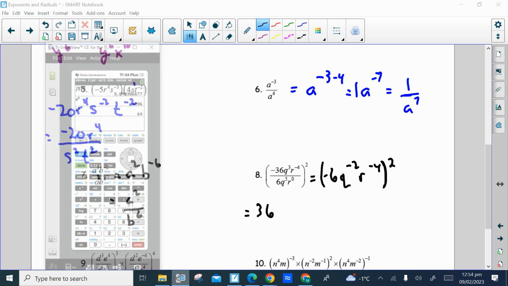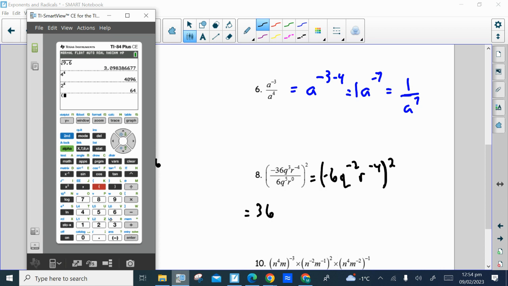Otherwise, it'll only square the 6 and not the negative, and that gives you a negative answer. You need to use brackets so that the negative and the 6 are both squared. So again, that gives us positive 36.